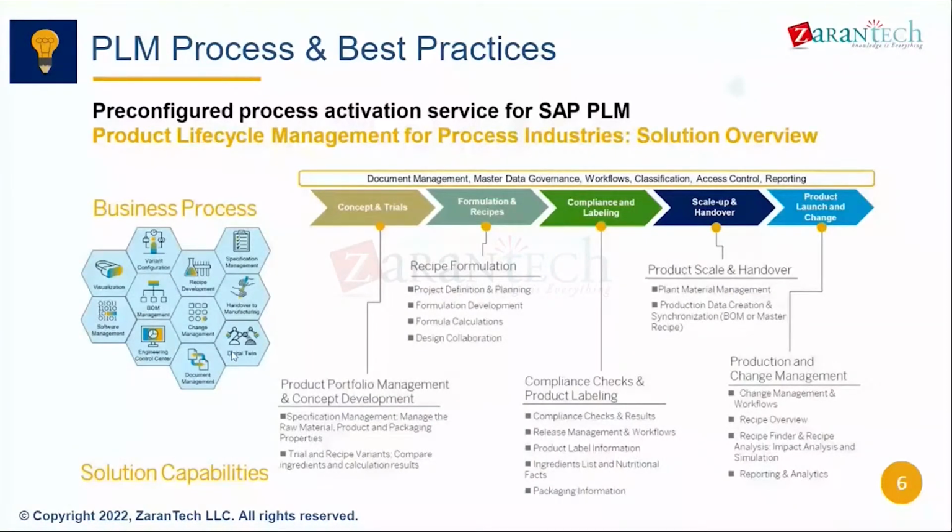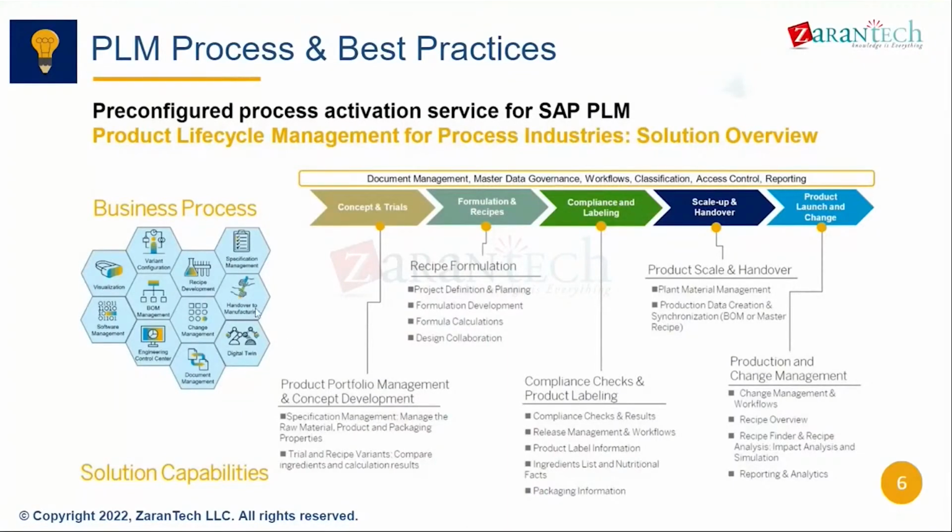Pre-configured process activation is a license which you can ask from SAP. If the customer wants everything ready for SAP PLM for process industry in the system, you can take the license number and propose to the customer, and the customer can buy the pre-configured license from SAP.